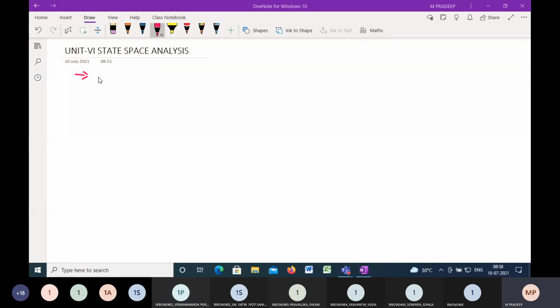So we are going to come to your last unit, that is your state-based analysis of your control system. So far we are going to consider the first unit. We can study about different types of control systems, the different types of mechanical systems, rotational systems, and what is the analogous of your electrical systems.